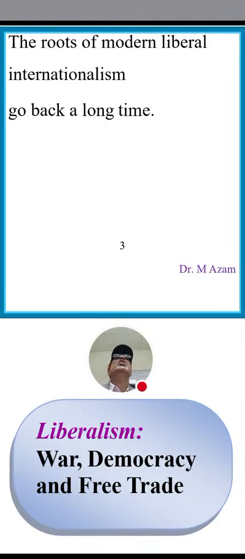What is internationalism? What is international? International means between nations, among nations.